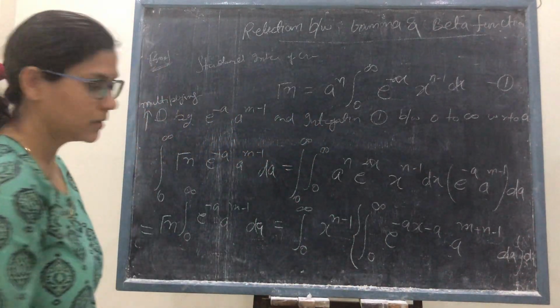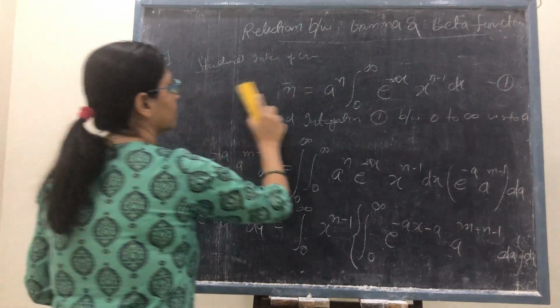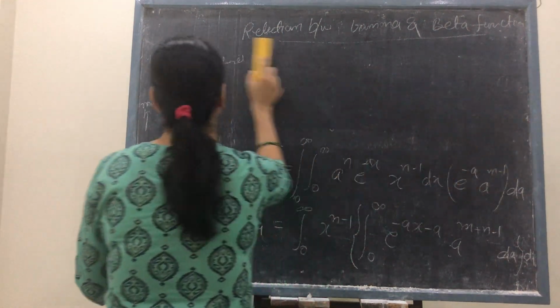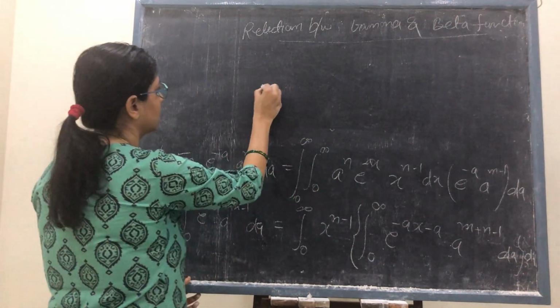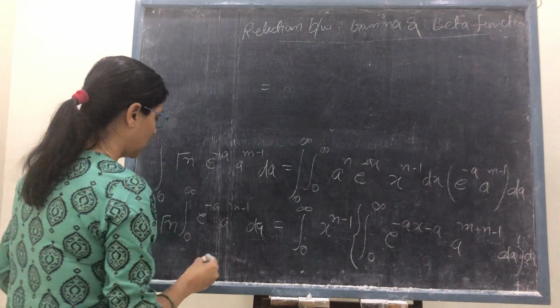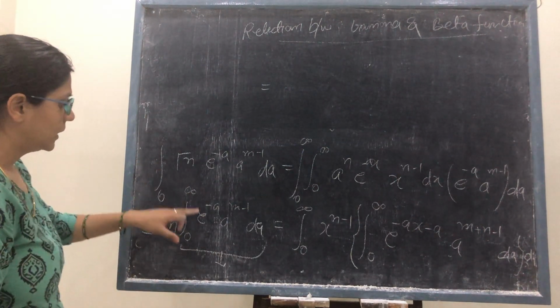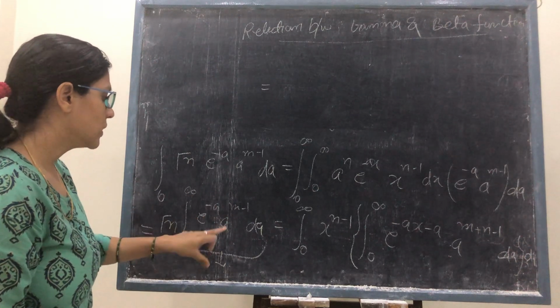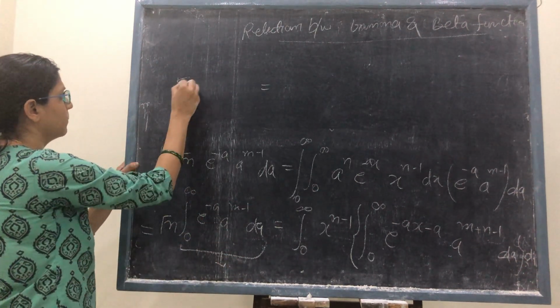We can write it as... now we know that the integral from 0 to infinity of e raised to the power minus x, x raised to the power m minus 1 dx is what? Gamma of m.